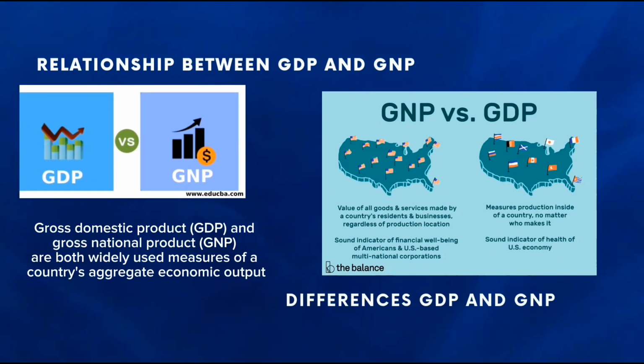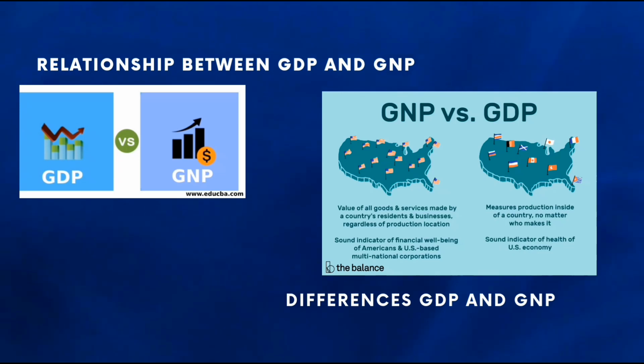Okay, next, what about the difference? Gross domestic product (GDP) and gross national product (GNP) are both widely used measures of a country's aggregate economic output. How do they differ?